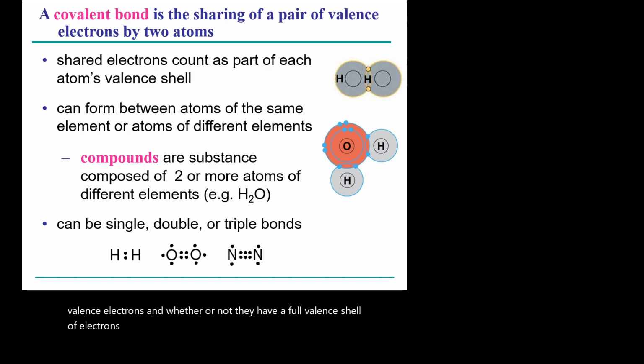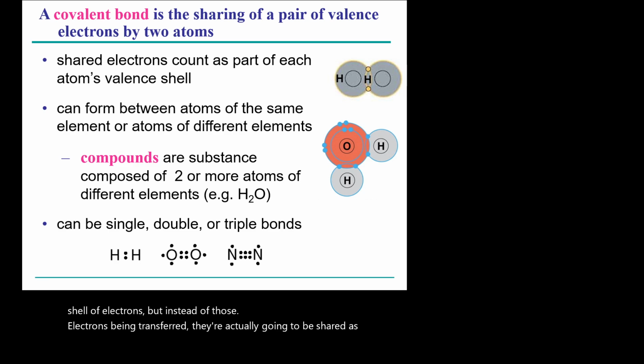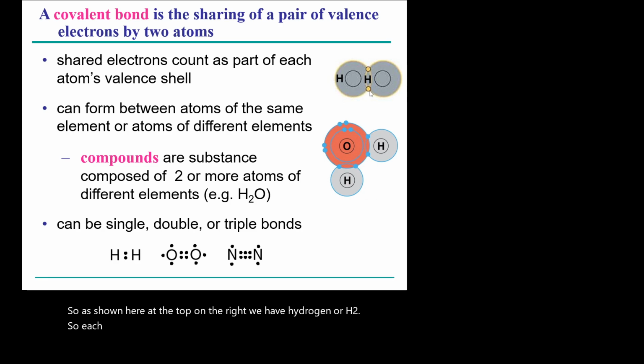But instead of those electrons being transferred, they're actually going to be shared as part of each of those atoms' valence shells. So as shown here at the top on the right, we have hydrogen, or H2. Each hydrogen itself only has one valence electron. So together, if they share each of their electrons, they both now have two valence electrons. So hydrogen H2, or this hydrogen gas, now is stable.